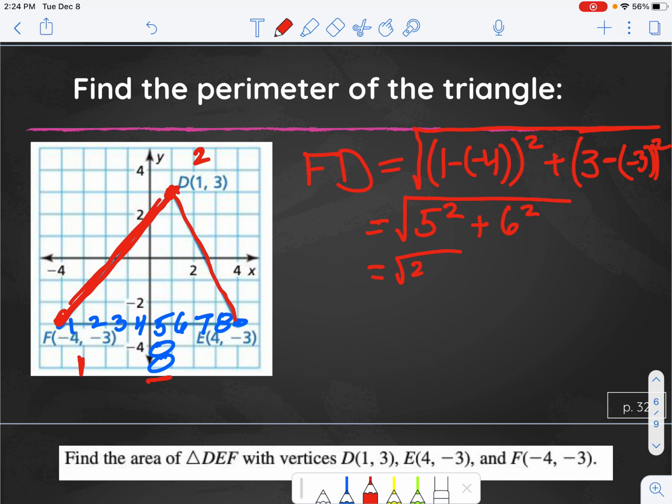So this gives me the square root of 25 plus 36, which is the square root of 61, which is about 7.8. So we used our distance formula to find that this side has to be the square root of 61, and we'll write that's approximately 7.8.